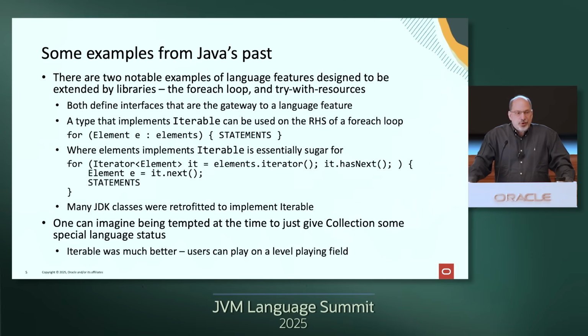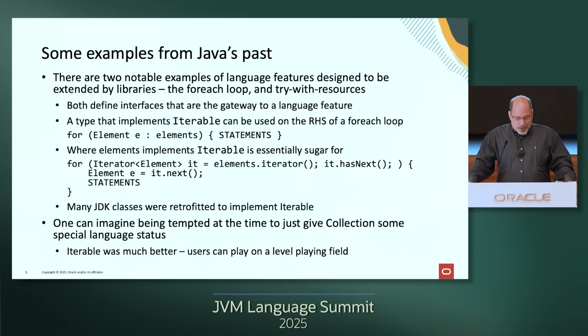So the for each loop feature was really interesting because it was a language feature with a library component. There was a library class, java.lang.Iterable, that if you extended this class, you would be able to interact with this feature in a way that looked like it was built in.